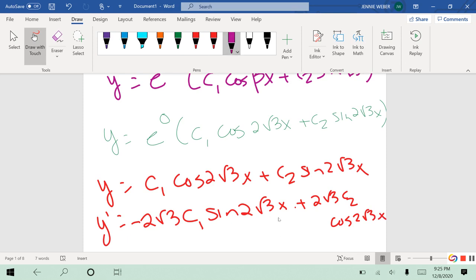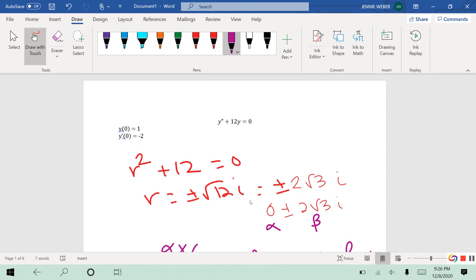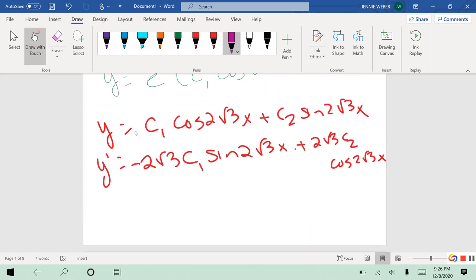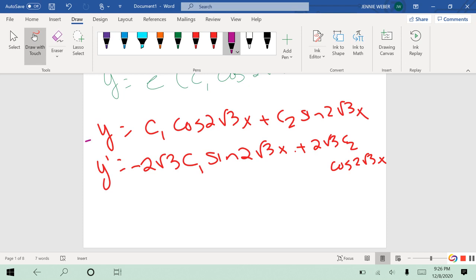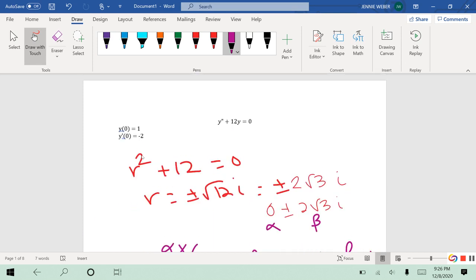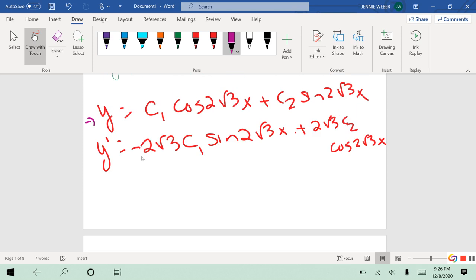Okay, now we're going to use those 2 initial conditions that we had. We're told y of 0 is 1. Okay, so that means this first equation up here. Yep, I have to remember long enough what I wrote. 1 equals C1 cosine 0 plus C2 sine 0.